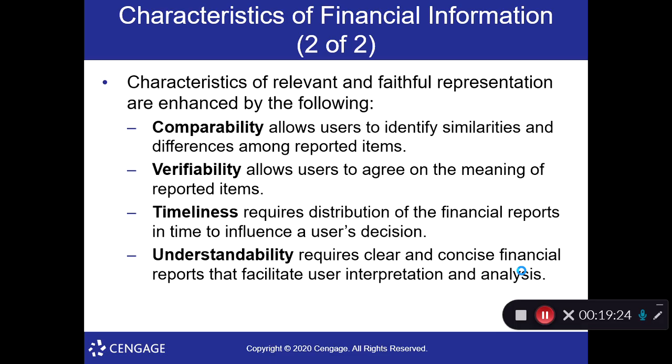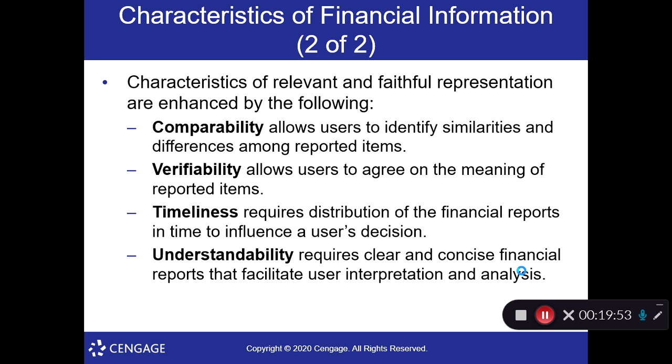And then those two concepts of relevance and faithfulness are further enhanced by these items here. So financial statements need to be comparable. And in our first video, we talked about this a little bit. We need to be able to look at a report from 2019 and a report from 2018, and it needs to be identical. How can we tell the growth year over year if one year they presented the currency in euros and in the next year they present it in US dollars?